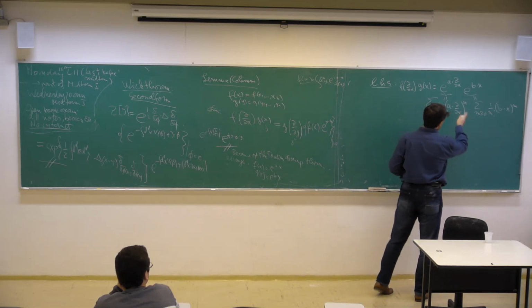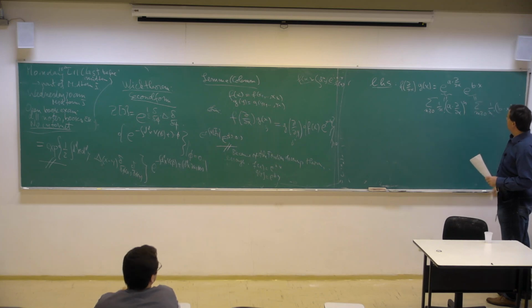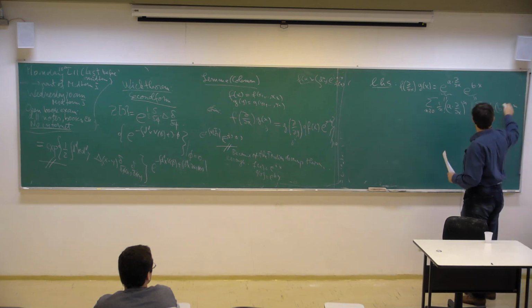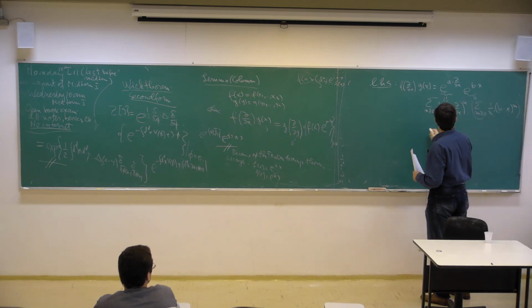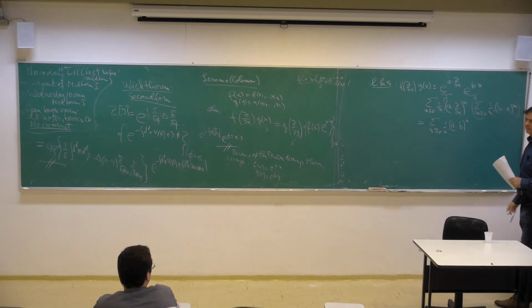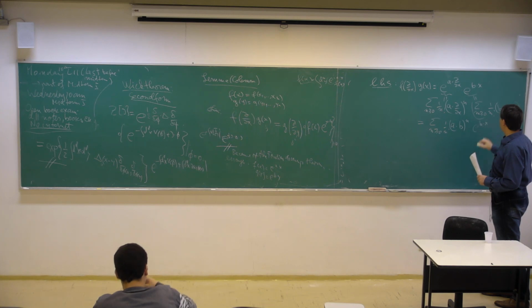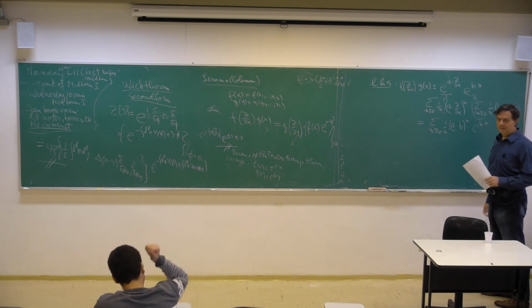But, okay, I don't even need to do this. The point is, each time I take a derivative, I get a b, right? So I'll replace this with a dot b. So this is equal to sum over n, a dot b to the n, times the same e to the b dot x, right?